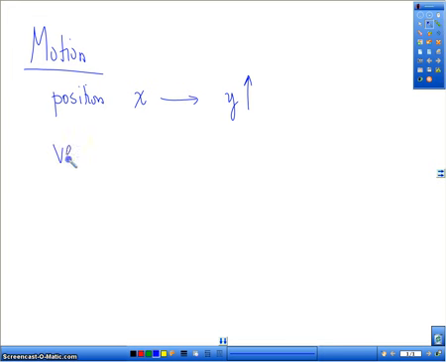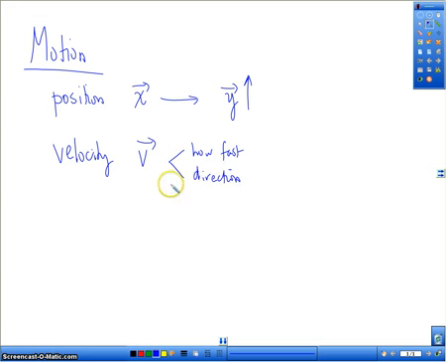Then we talked about the velocity, or how fast the object was moving, and its direction, and the symbol we used for that was a V. It's a vector. By the way, position's a vector too, so we'll put a vector symbol over the top. So velocity is a definition of how fast and the direction it goes with, and I think you guys are pretty familiar with velocity vectors.